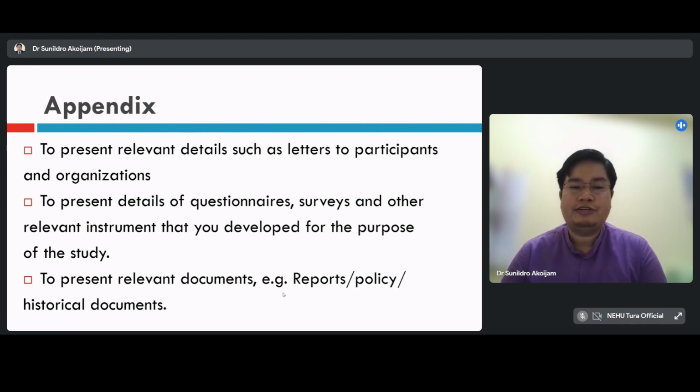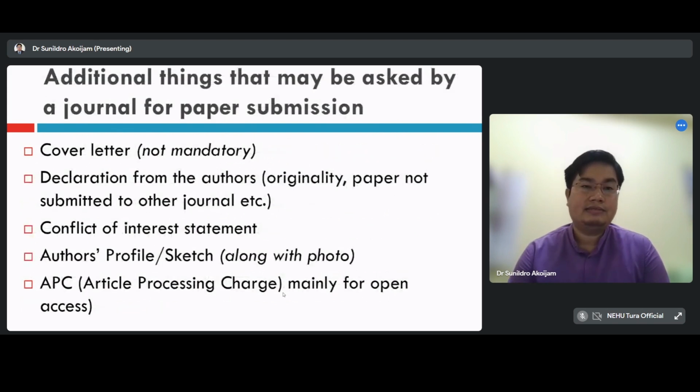Okay, like the questionnaire, surveys, instruments you use, like the report, policy, historical documents. So these are some examples which, if you feel will be important in evaluating your paper, you can include under the section called appendix. But again, this is not compulsory; depending upon your requirement, you can include it.